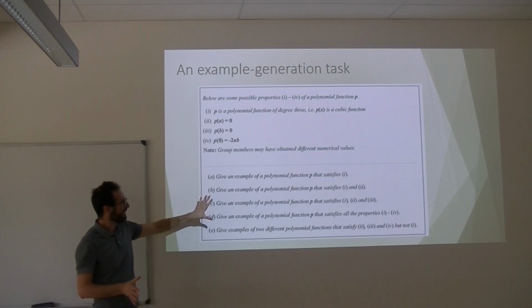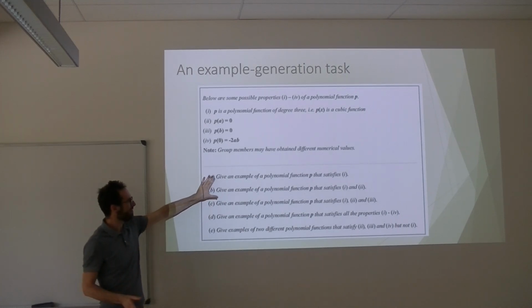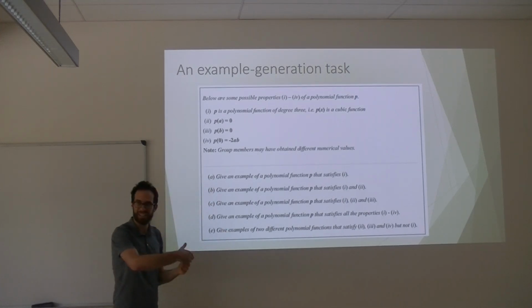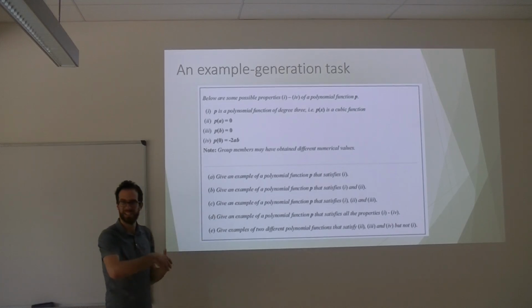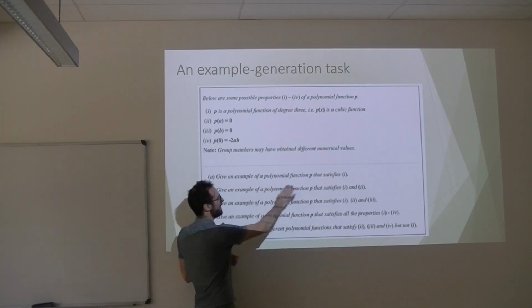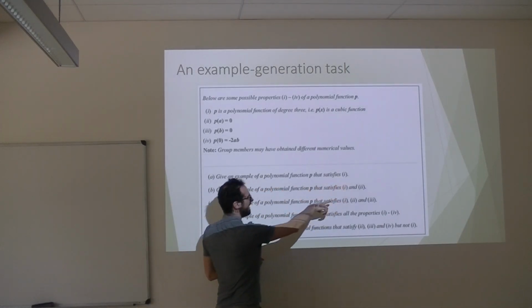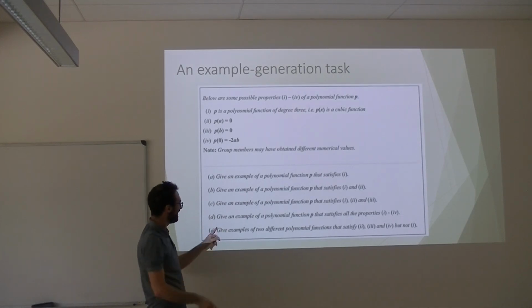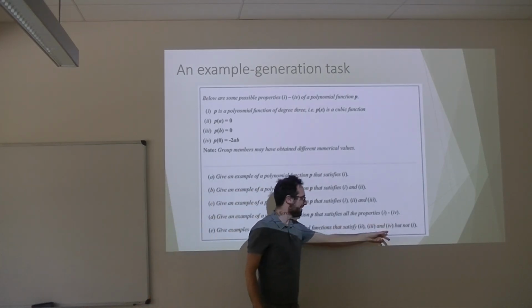Then, very easily, the task asks the students to give an example of a polynomial that satisfies the properties, which were added progressively. The first item contains just the first property, the second item contains the first and the second property, and so on. The last one contains all the properties.